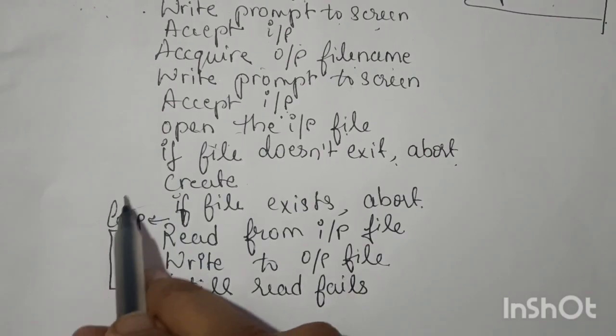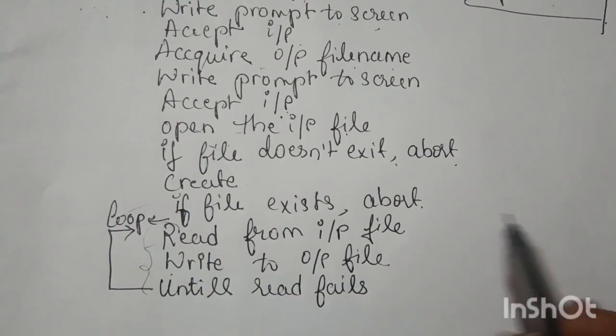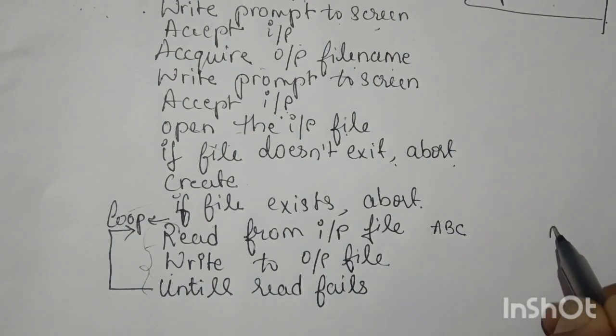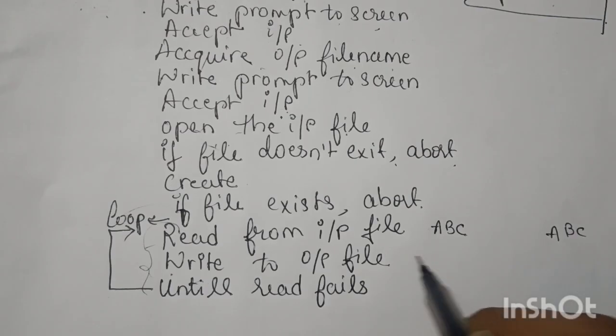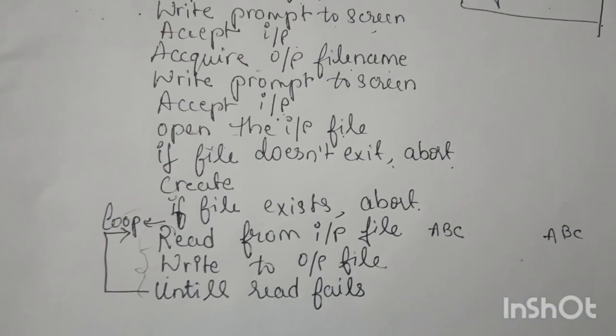Suppose there was a reading, say ABC here, you write and paste ABC there. Like that you go on doing everything until the end of your file. This will be in your loop.